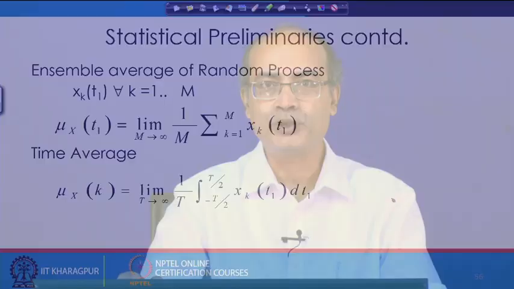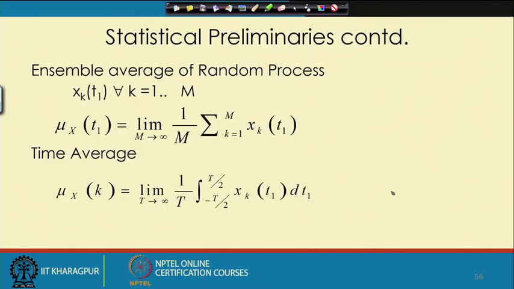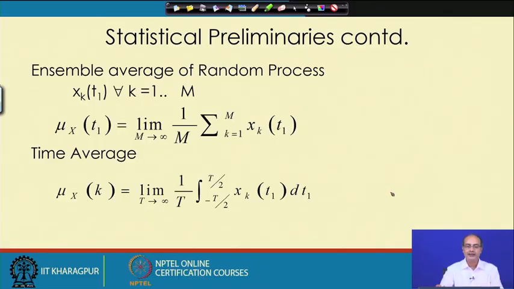In the case of a random process or a stochastic process, we can take that there are two variables. One is the ensemble, or random variable, and the other is time.